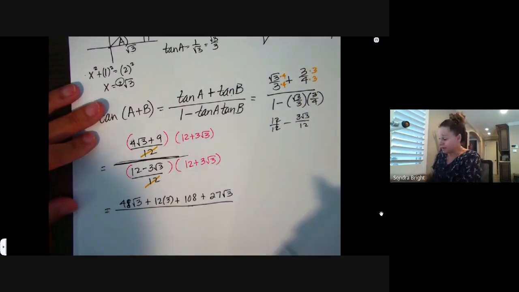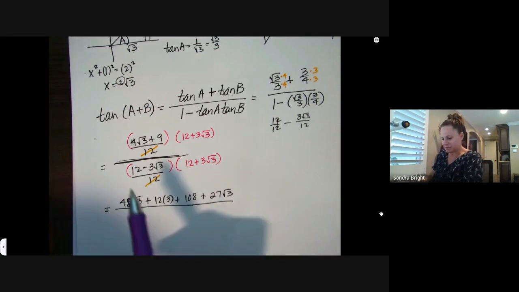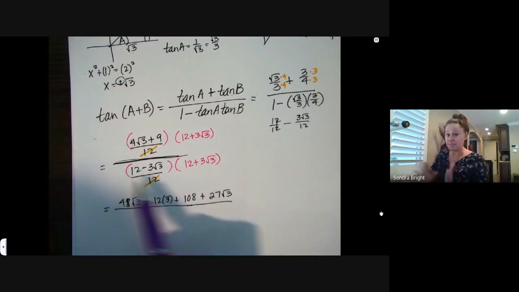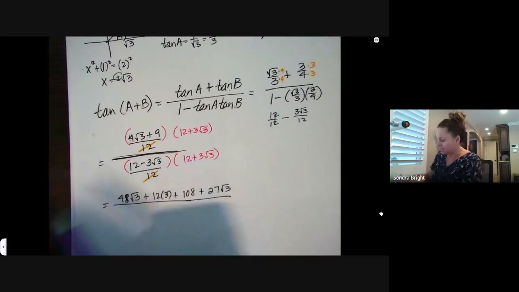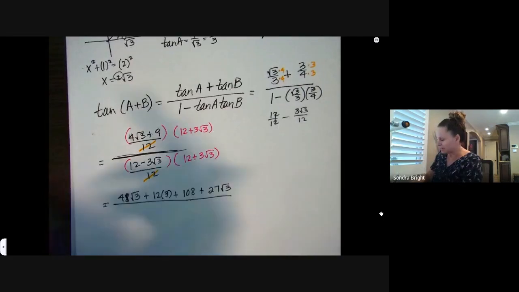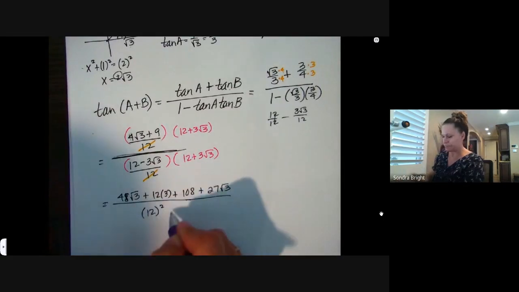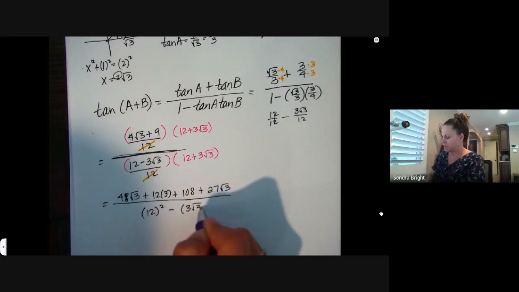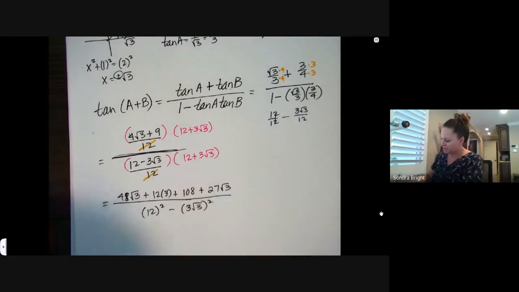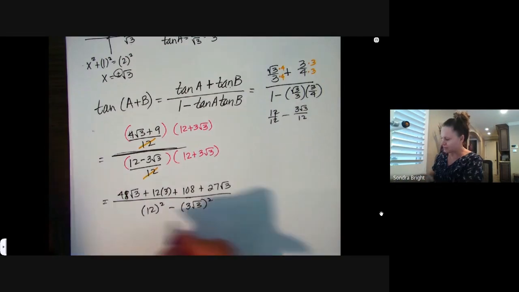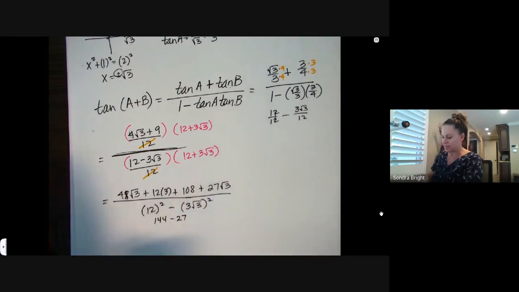Okay. Bottom, you just multiplied conjugates, right? You can FOIL it out, but the middle terms are going to cancel, and you'll end up with first one squared minus last one squared. All right, so this bottom just ends up being 144 minus 27.